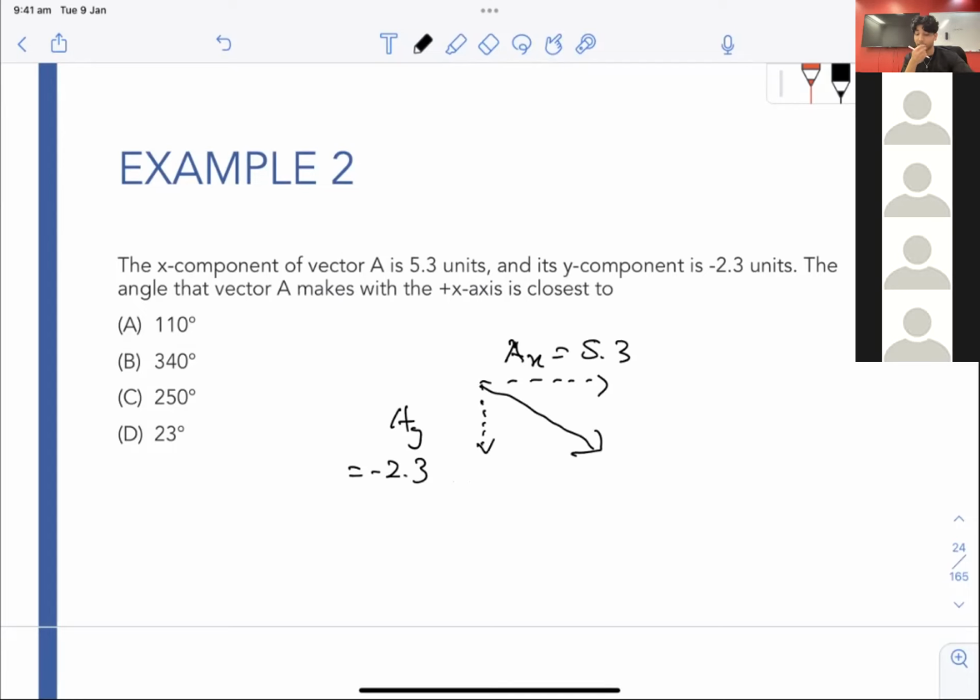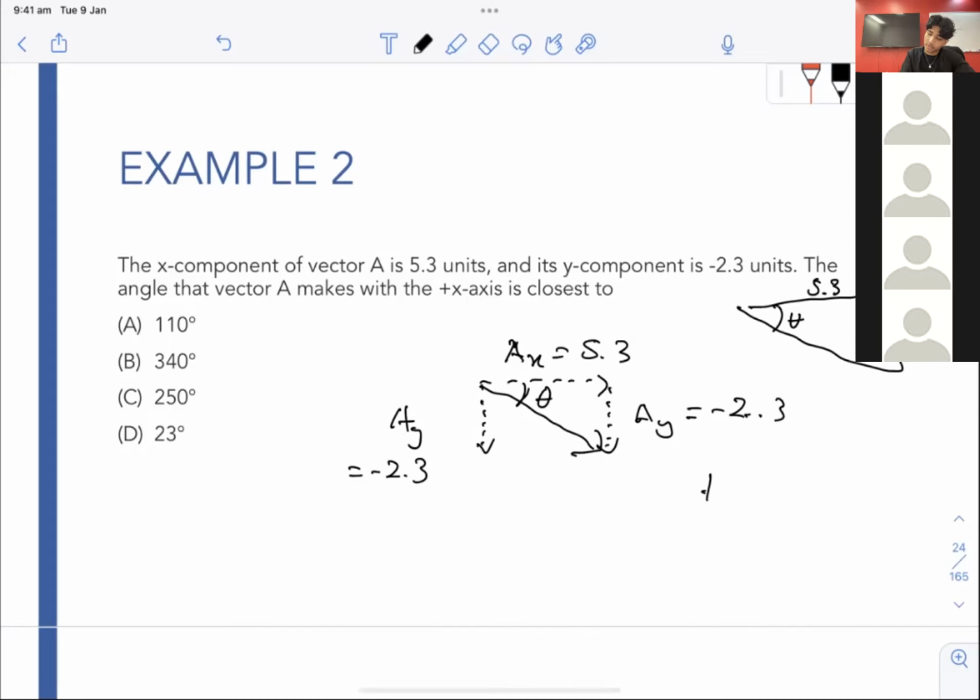The angle vector A makes with the positive x-axis is closest to what? The angle it makes with the x-axis is this angle here. We'll call this theta. Now I can transfer this AY vector to be also here. If we add up AX and AY head to tail, we get the actual A vector. So if we're finding this angle, we have a right-angled triangle here with sides 2.3 and 5.3, so we can use trigonometry.